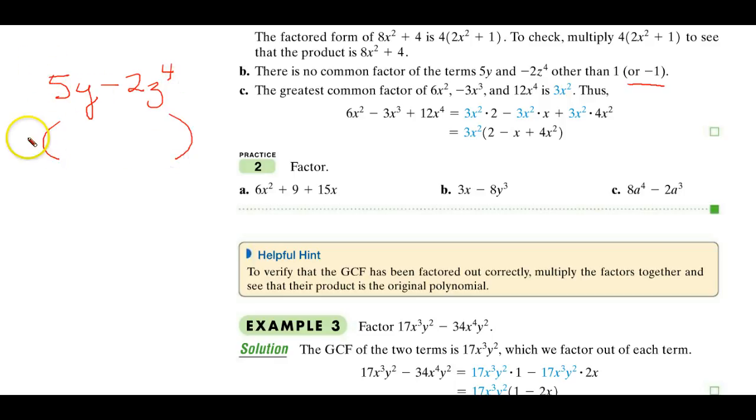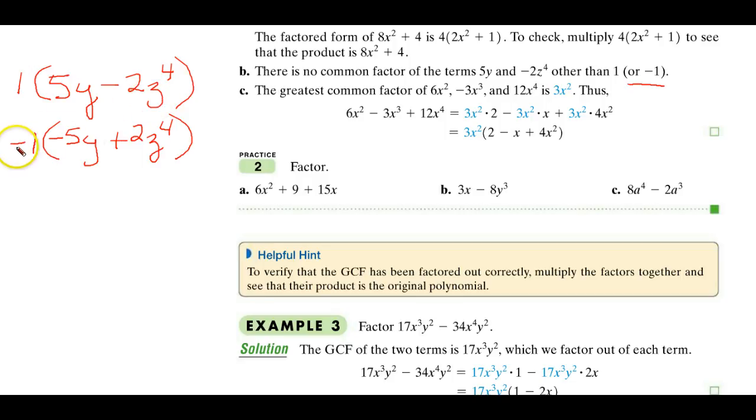Now I took out a 1 before, which is not really taking anything out, but if I take out a negative 1, which we need to do sometimes, this will become a negative 5y, and this will become a positive 2z to the fourth. So you could take out a 1, doesn't change anything, you just put this in parentheses.